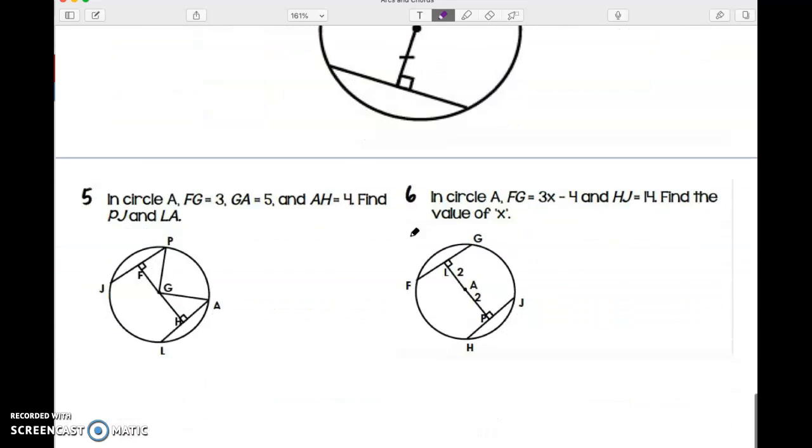So an example would be that in circle A, segment FG is 3, G to A is 5, and A to H is 4. And they want us to find the chord length for PJ and LA.